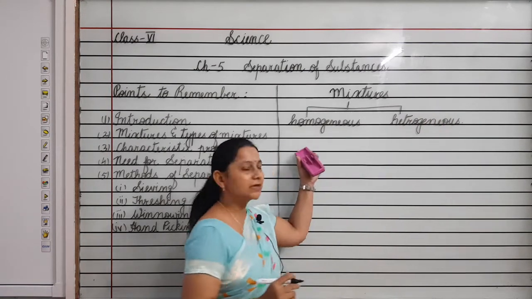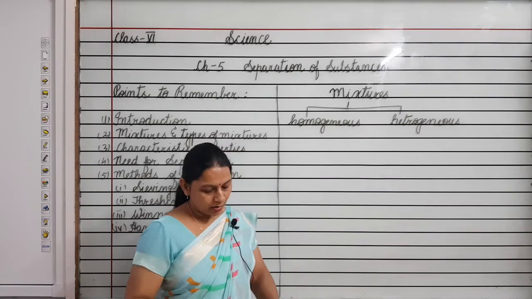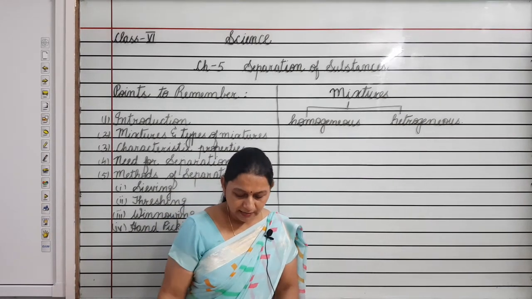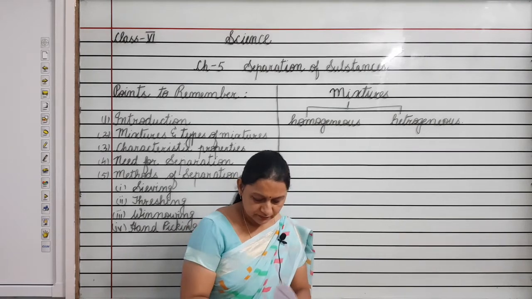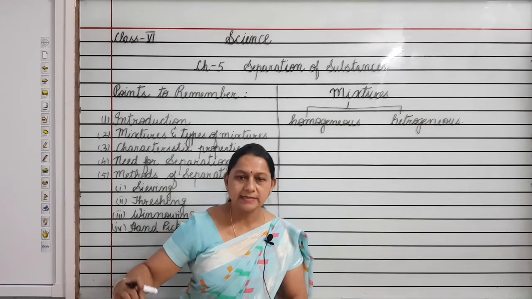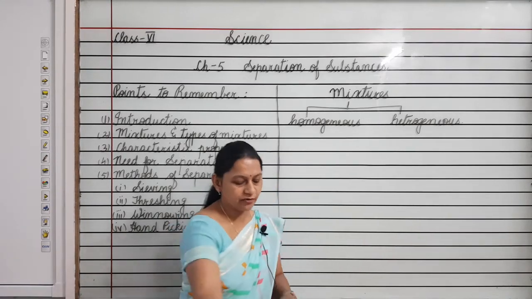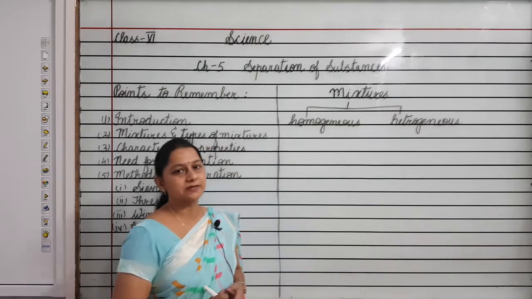Now, let us see what are homogeneous mixtures. Homogeneous mixtures are the mixtures where the components are not visible to us.